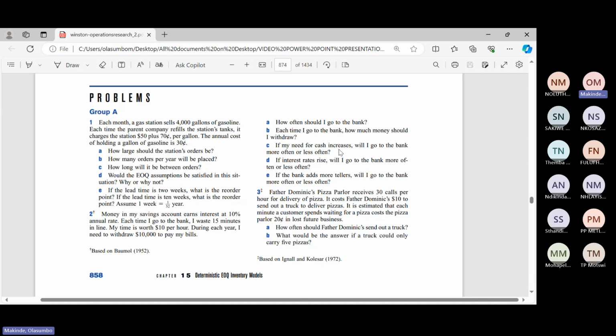Then check whether, because will I go to the bank more often is talking about the number of orders, more or less. So calculate the number of orders for your new K and compare it with the number of orders for the current K and see whether it increases or decreases. And that is how you'll be able to conclude.